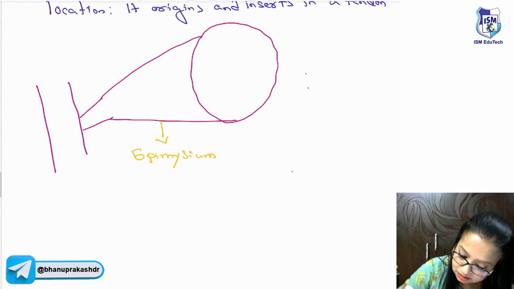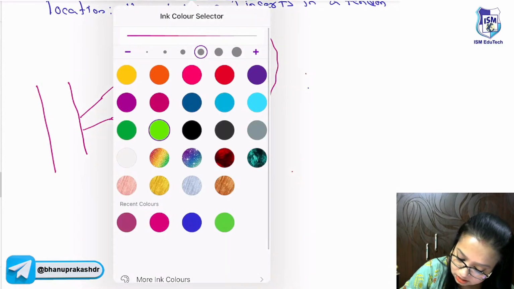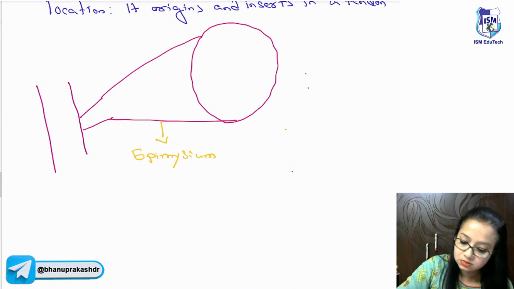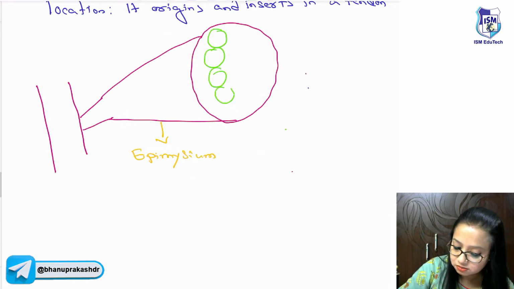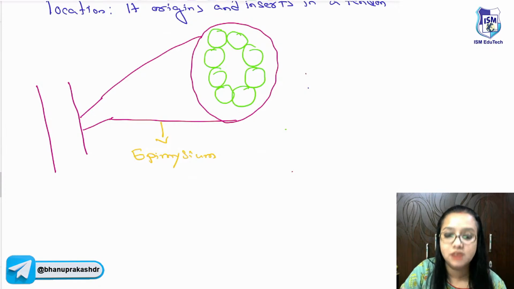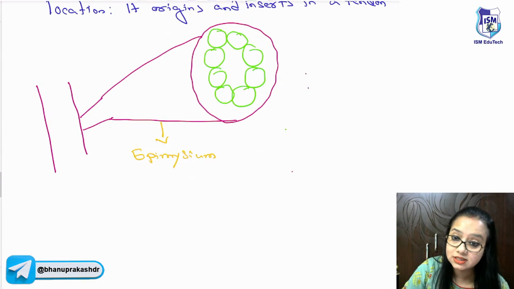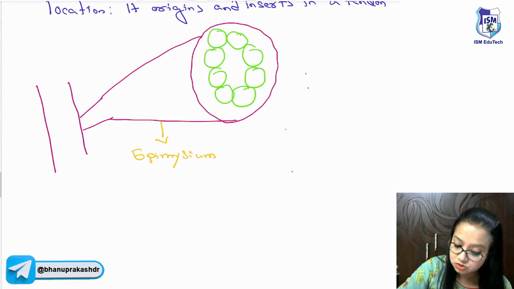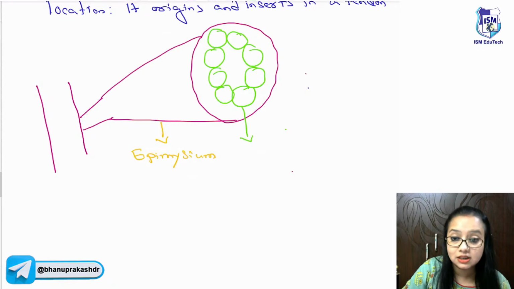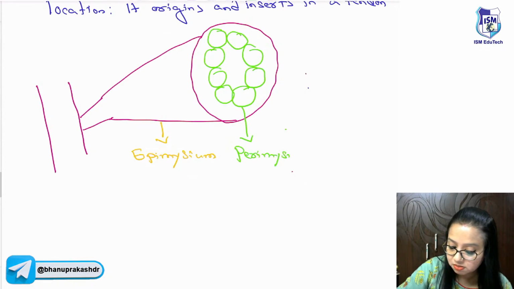Then it holds a group of the fascicles. Okay, like this. These are the group of the fascicle. Now, each fascicle is again enclosed by another connective tissue covering, which is the perimysium.